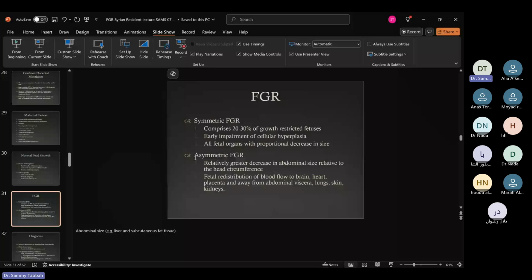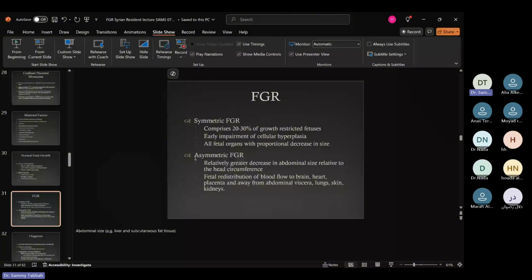When the fetus is receiving less nutrients and oxygen from the placenta, the fetus selectively redistributes blood flow to vital organs like the brain, the heart, and the placenta, and diverts blood away from abdominal organs as well as the lungs, skin, and the kidneys. Because of that, you have less growth in the abdomen and more growth in places like the head.